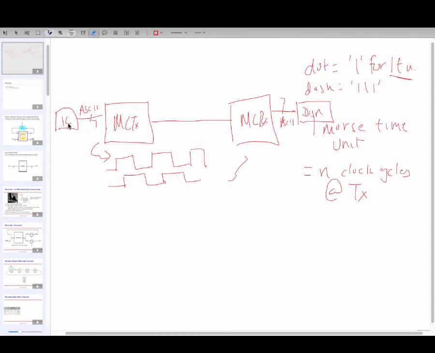And additionally, the keyboard has some handshake signals. The user types into the keyboard, and it gives out the oldest character in the buffer on the ASCII output, and it does so only when there is a clock tick and the enable signal is asserted.